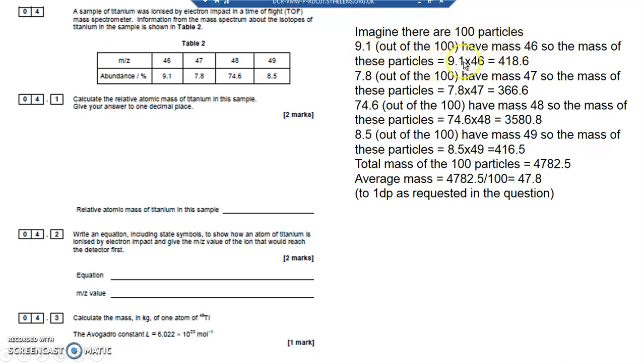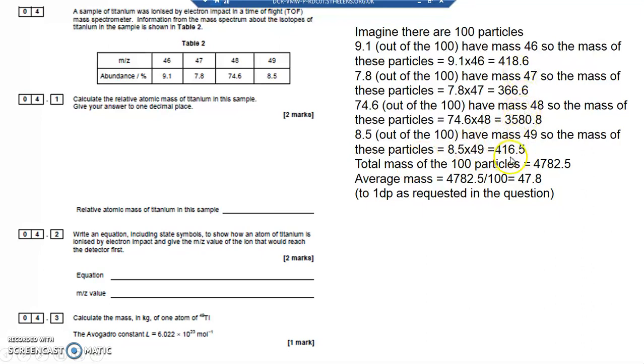So their combined mass is 9.1 times 46, 418.6. And you can do the same for the others. 7.8 out of the 100 have mass 47, so their combined mass is 366.6. 74.6 out of the 100 have mass 48, so their combined mass is 3580.8. And 8.5 out of the 100 have mass 49, so 8.5 times 49 is 416.5.